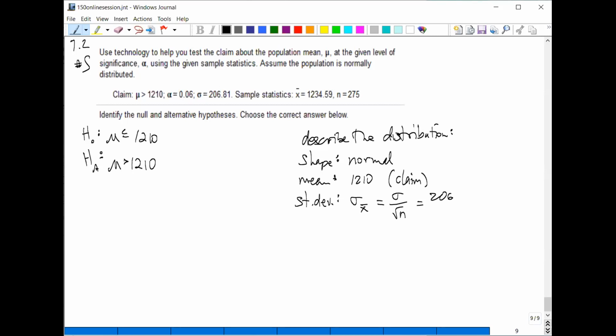So sigma is 206.81, and then root n is root 275. Got to pop that in a calculator. Give me one moment.